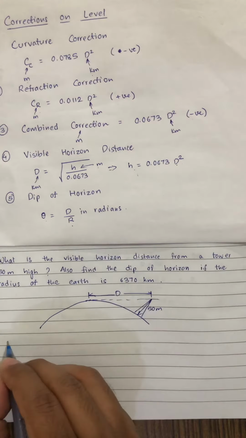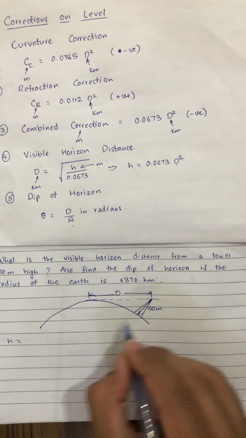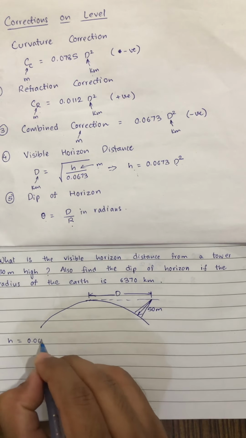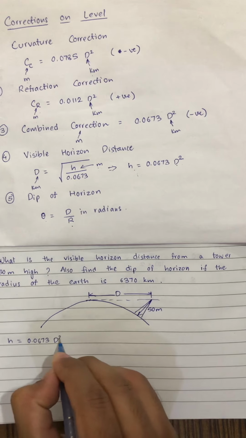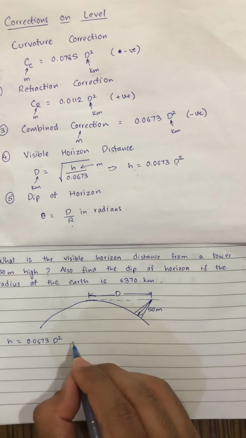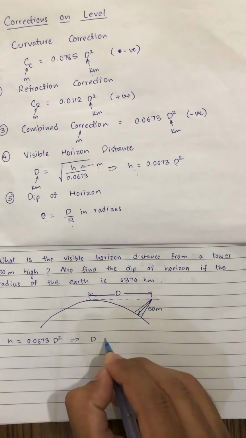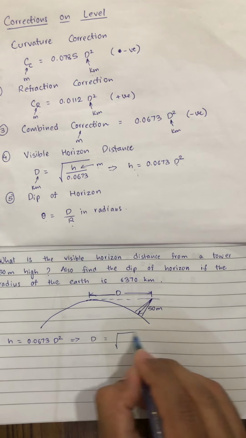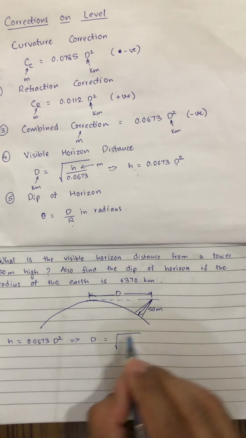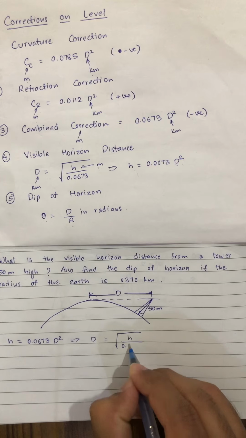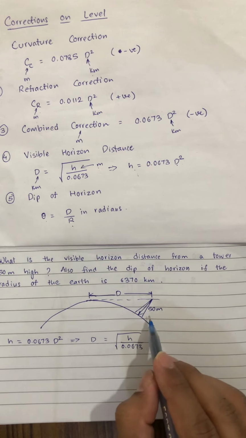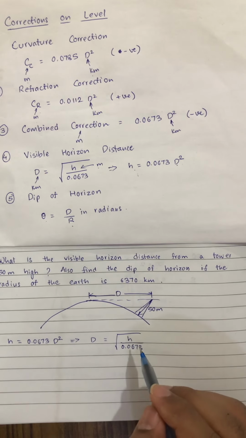If we use that formula, h is equal to 0.0673 d square, or d is equal to under root of h upon 0.0673, but here h is equal to 50 meters.